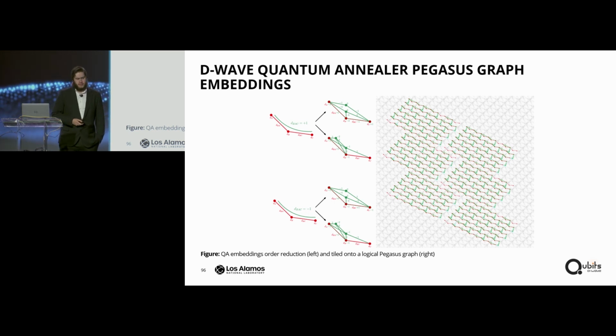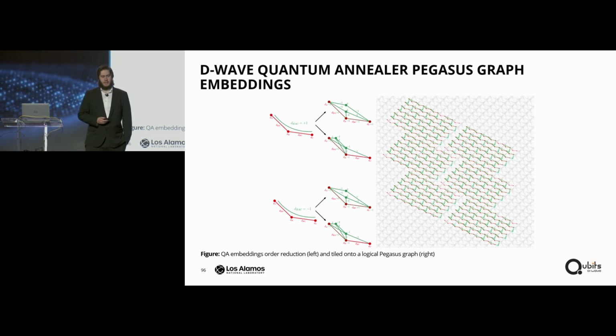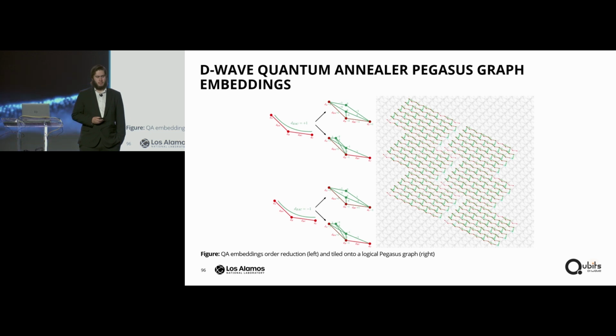Now, for D-Wave, as I mentioned before, we need to do this order reduction process. We did not want to use minor embeddings because they can introduce some additional complications. It's generally better to represent the problem as close to the hardware graph as you can.